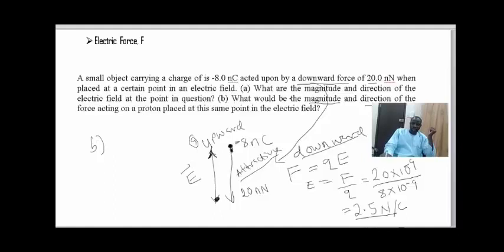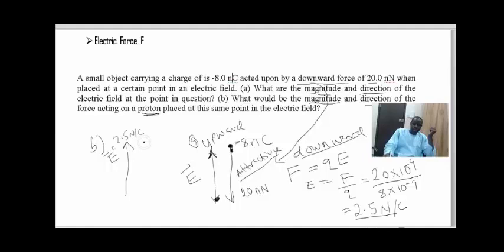Now let's look at part B. The question is, what will be the magnitude and direction of the force acting on a proton? So now we put a proton in this place. We have already identified that our field is upward, and the magnitude of the field is 2.5 newton per coulomb.